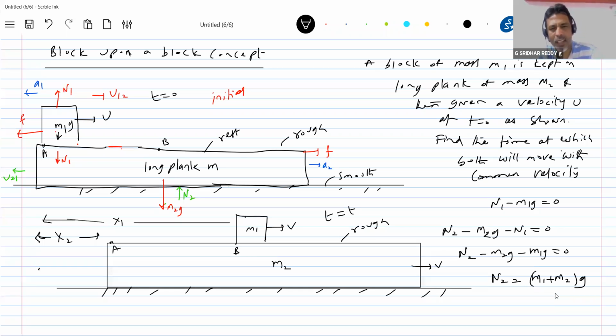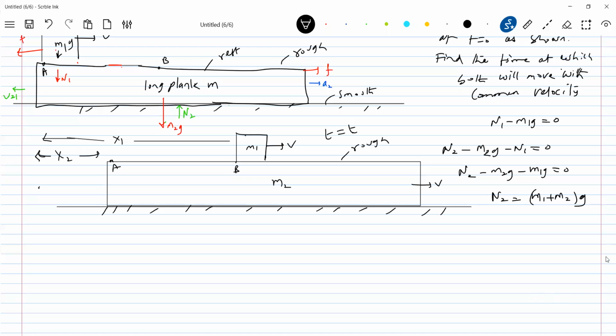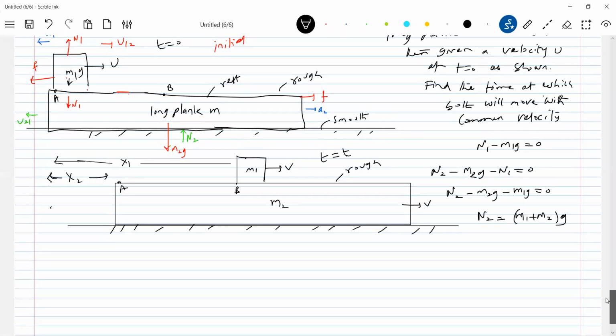So first, I think I want that velocity and time. How to get that? Let's go for the calculation. So what is A1? Sir, in this example, would the friction be variable?